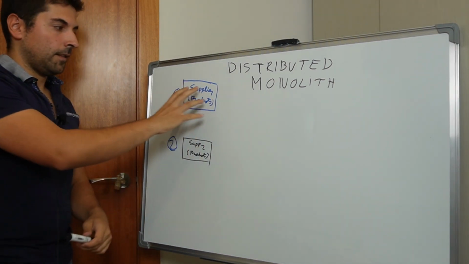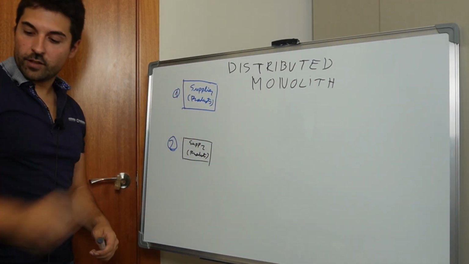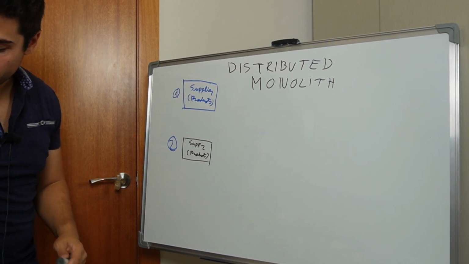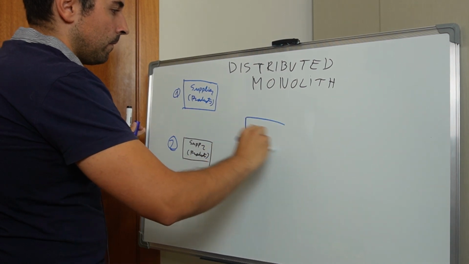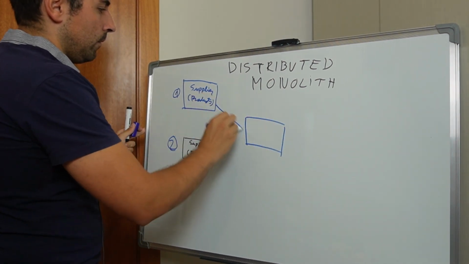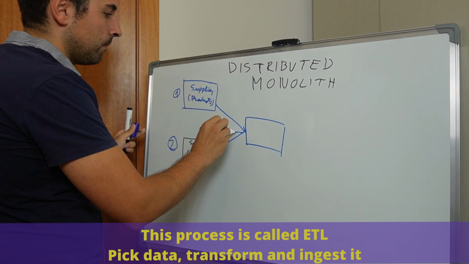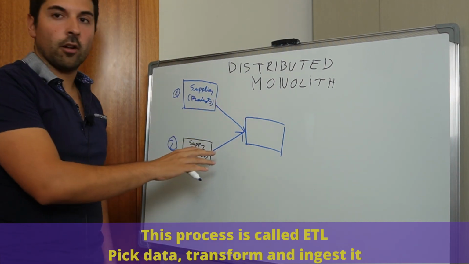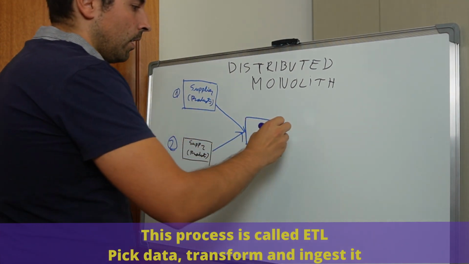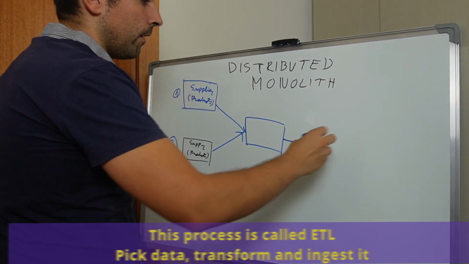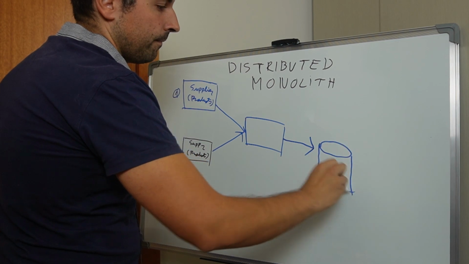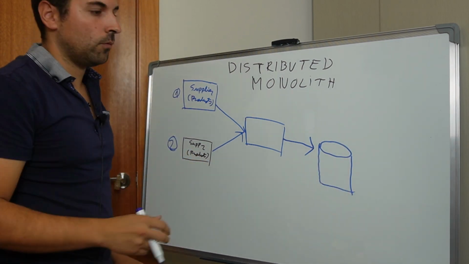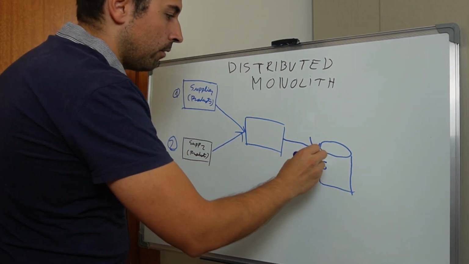So these two suppliers were sending information to us and we were receiving it in our own in-house service. We were gathering all of this information and centralizing it where? In a huge database. Kind of SQL, right? Not exactly SQL, but kind of SQL.